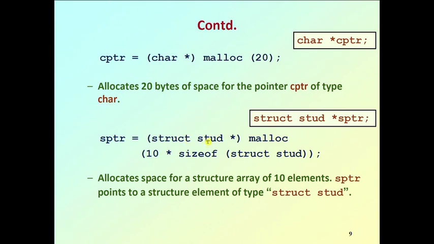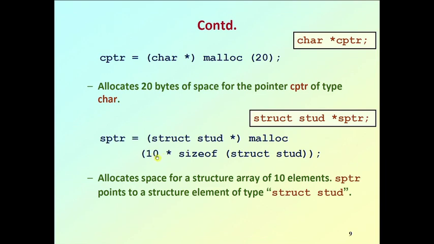That means we have already defined a structure where some member variables are given in some order. Then malloc(10 * sizeof(struct stud)). This already we know, it will give you the size of struct stud, the number of bytes required for storing the stud structure.